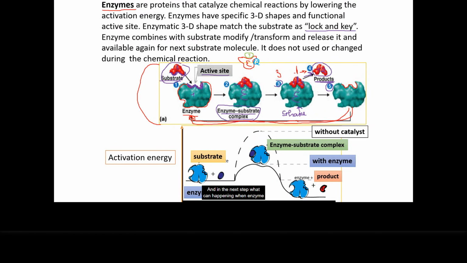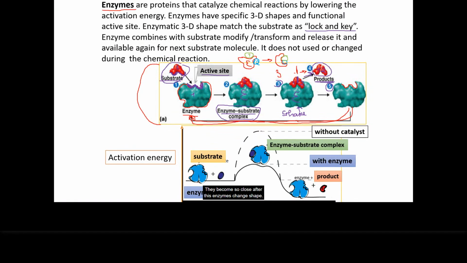And in the next step, what can happen is that the enzyme will change shape, its conformation. For example, it will change shape like that. And in this case, we will have in here the blue substrate molecule and in here the green molecule.